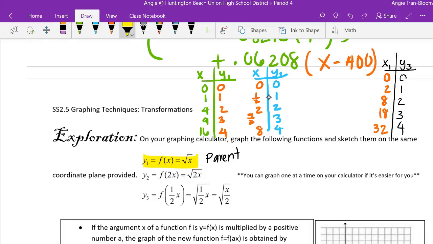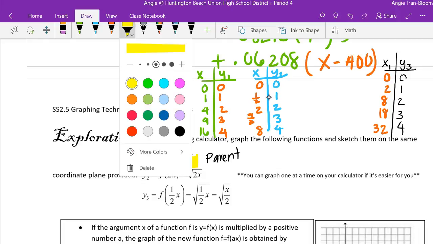But what is in y2 that's different, the equation itself, before we go to the table? What's in the equation of y2? There is, right? There's a coefficient of what? Of 2. So now check out the values on the table then.